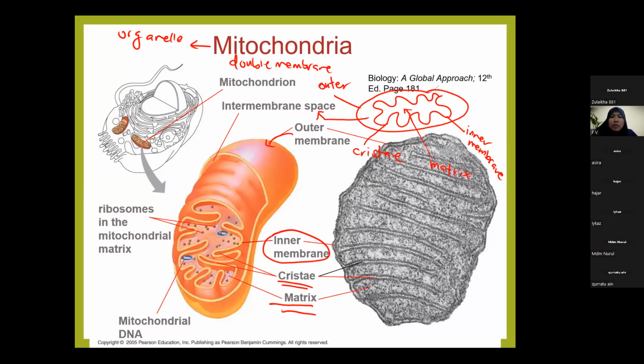Matrix of mitochondria. So what you can find inside the matrix of mitochondria? You can find yang bulat-bulat tu tadi. Bulat-bulat tu. So yang bulat-bulat tu adalah ribosome. Okay, and you also can find mitochondrial DNA, bentuk gelang.